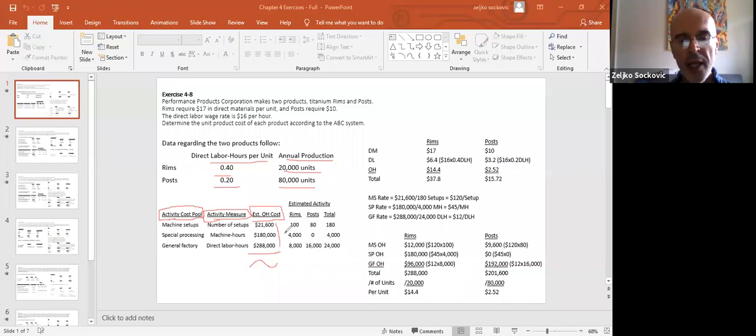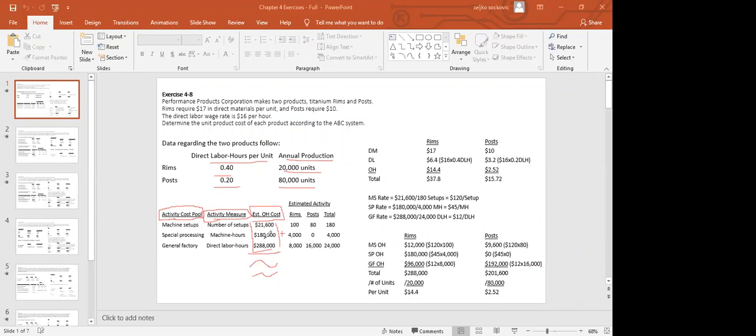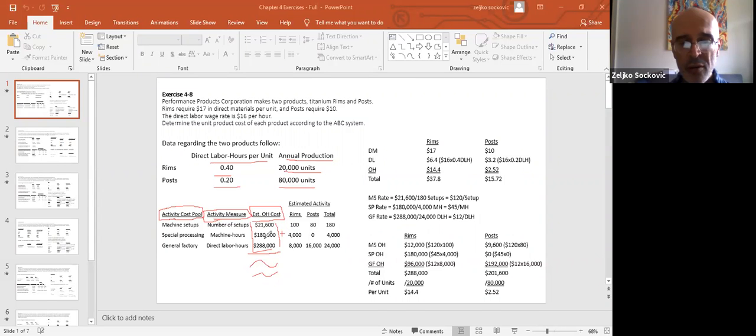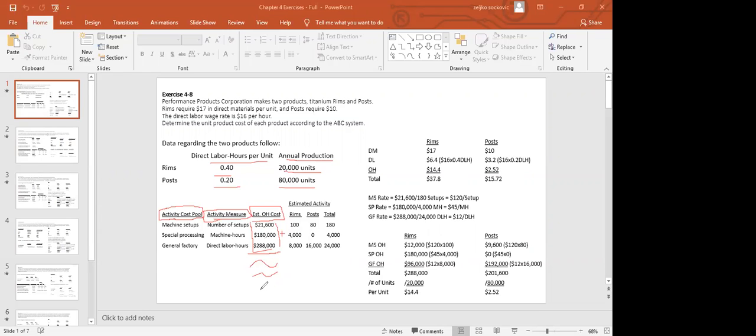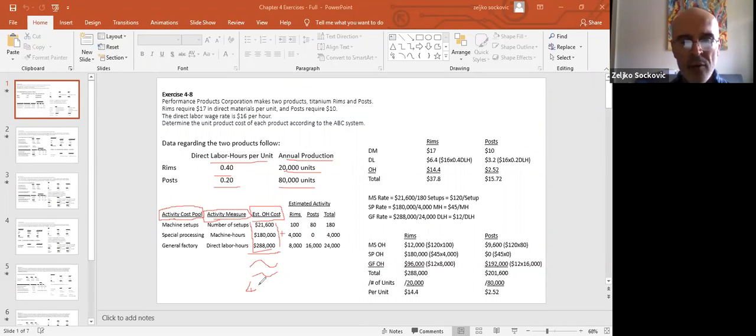So you would add up these 3, right? You would get some number here. Let's say this number is 288 plus 200 is 489,600. Let's say 490,000.